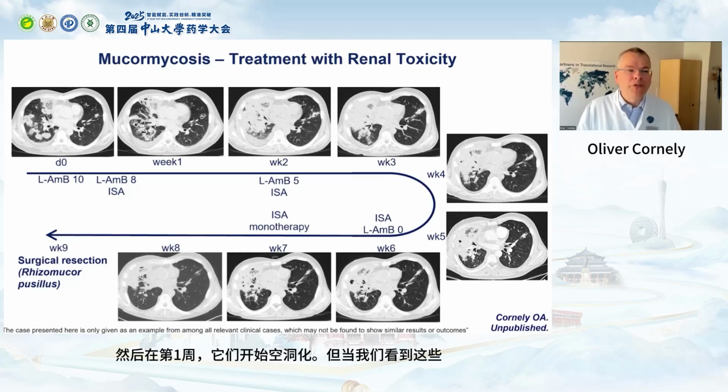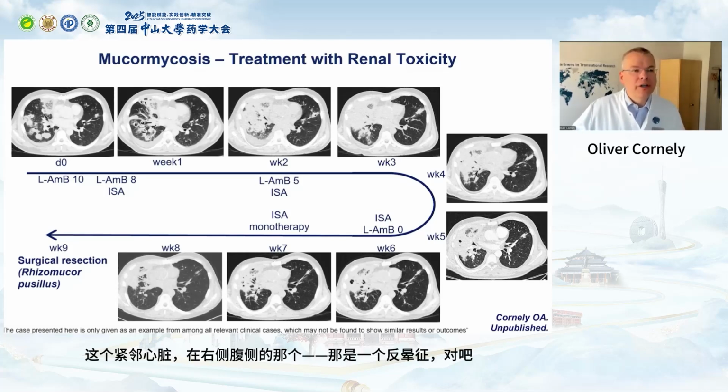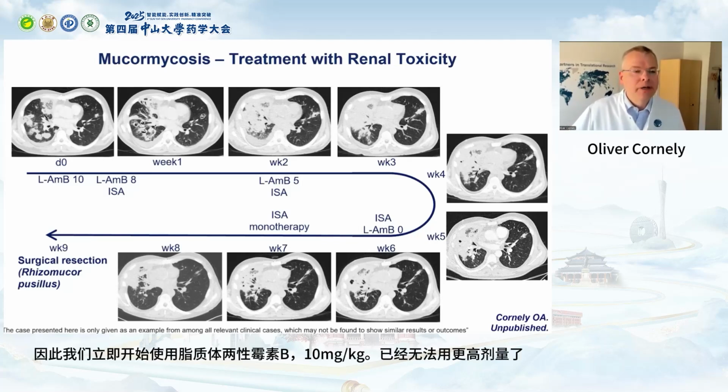But when we saw these, and when we saw right next to the heart, patient right side, ventral, that is an inverse halo sign, right? And so we jumped in with liposomal amphotericin B, 10 milligrams per kilogram. So there's no way to go higher, I guess.